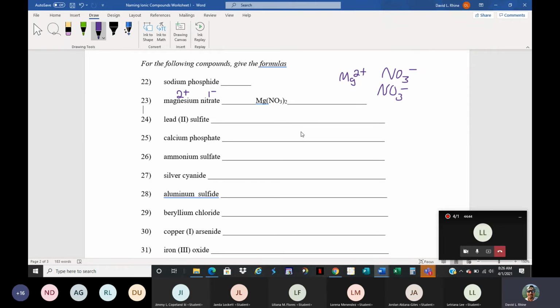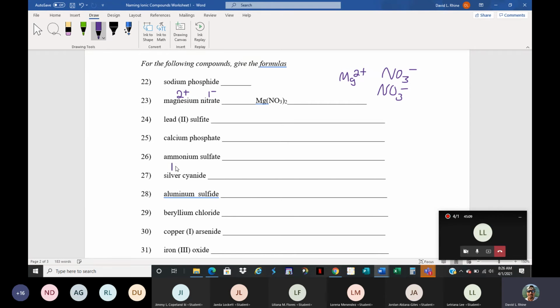All right. And that's all there is to that, but that's the number one thing students miss on the next test I give you. They either don't know to use parentheses or they use them every time they have a polyatomic ion. And it's not used every time. Like here, here's silver and cyanide.